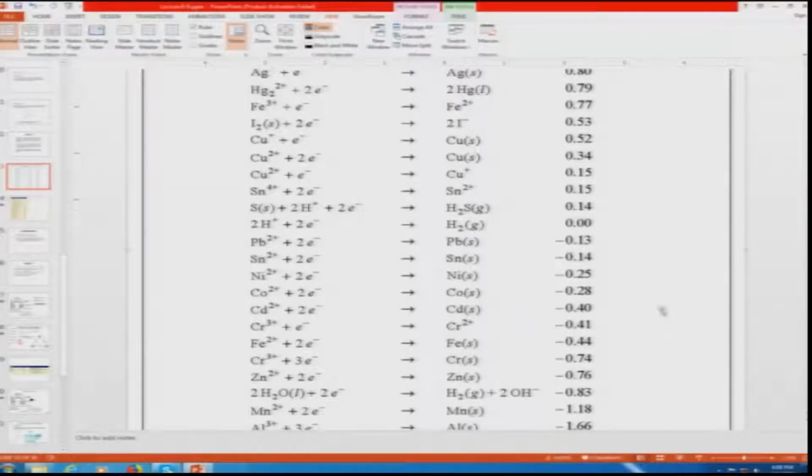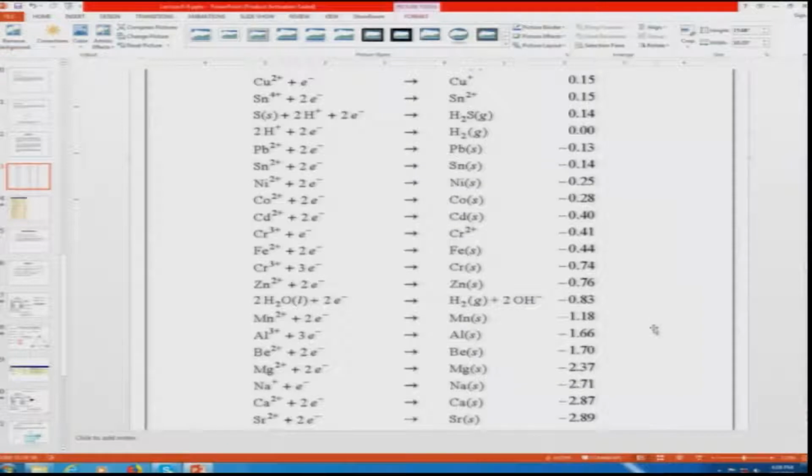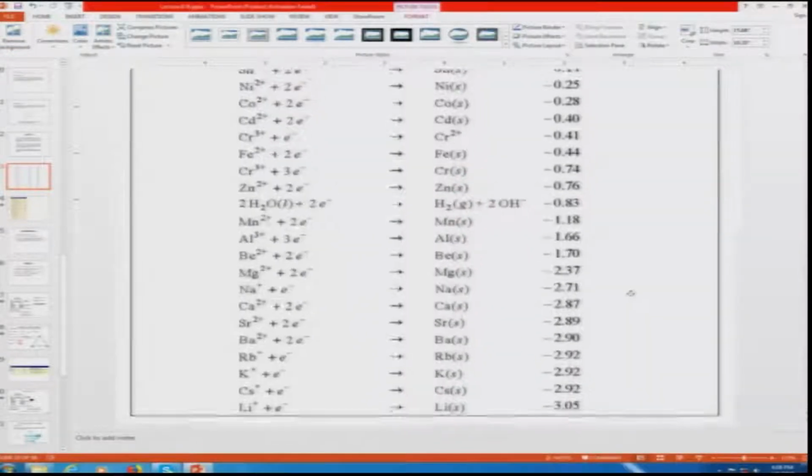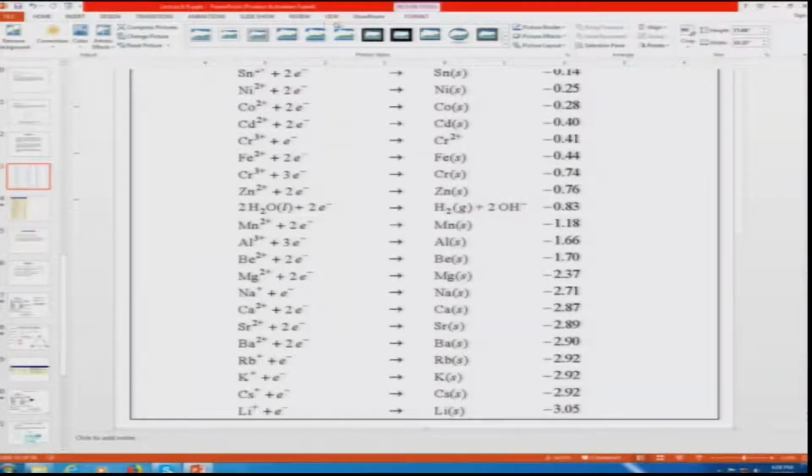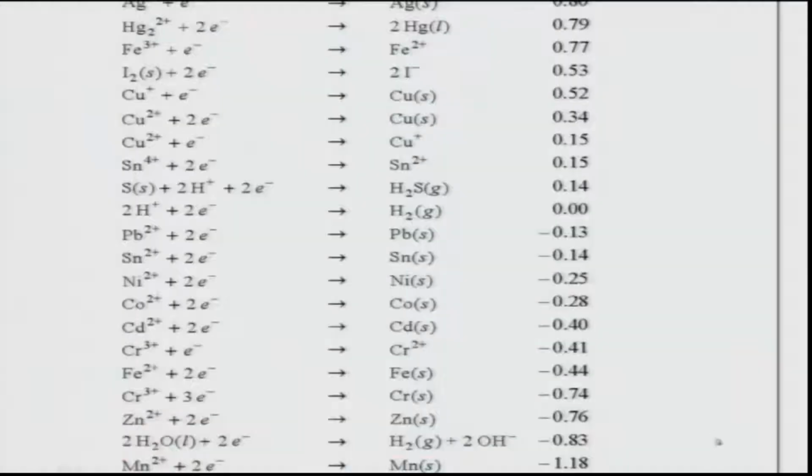Now, if I roll down and go to full screen again. Here I have placed hydrogen. This is the hydrogen part. Now, if I look at zinc, this is zinc.